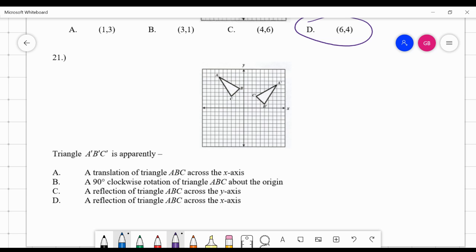So it's not going to be a translation. Now for a reflection, if we try to reflect it over a vertical line, it's not going to work. If we try to reflect it over the x or y axis, it's not going to work. So it's definitely going to be option B. It is a rotation 90 degrees.